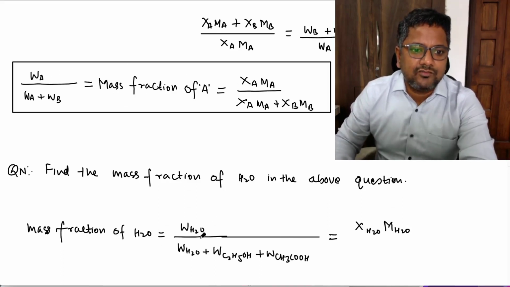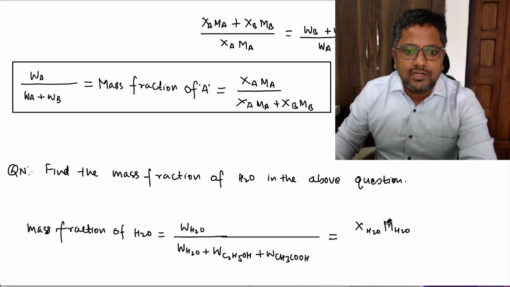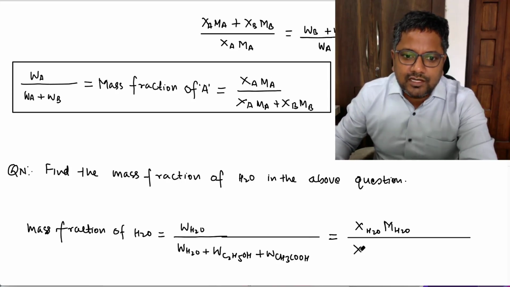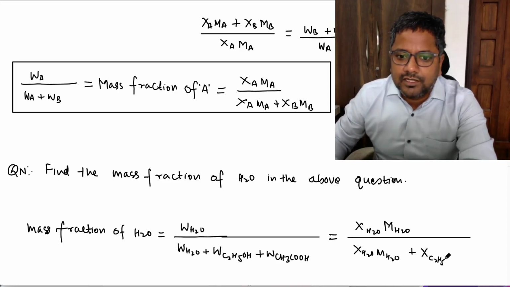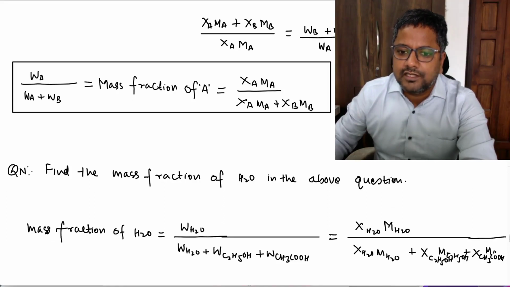So mass fraction of water is equal to mole fraction of water into molar mass of water, whole divided by mole fraction of water into M of water plus mole fraction of C2H5OH into molar mass of C2H5OH plus mole fraction of acetic acid CH3COOH into molar mass of acetic acid, right?